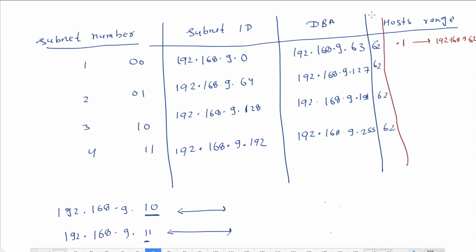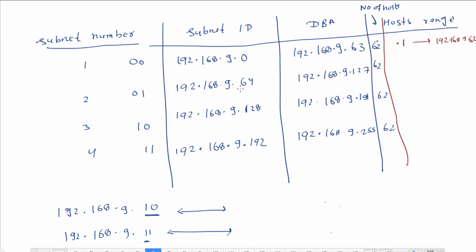And for the next subnet, the range will be .65 till .126, because after 64 this is 65, and before 127 this is 126. So that's how you can write down the host range also.